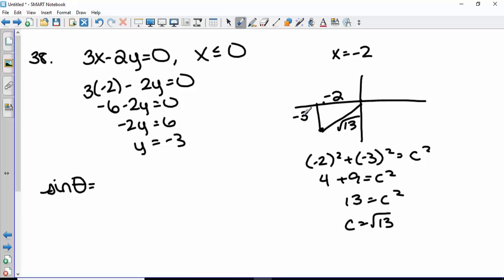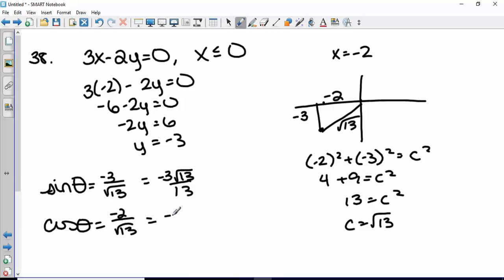So sine, opposite over hypotenuse, so that would be negative 3 over the square root of 13, or negative 3 radical 13 over 13. Cosine, adjacent over hypotenuse, so negative 2 over radical 13, which turns into negative 2 radical 13 over 13.